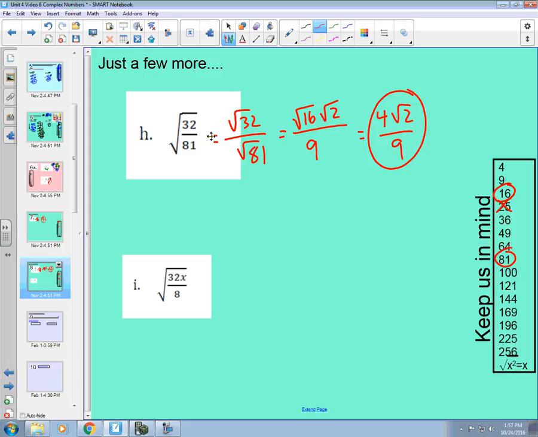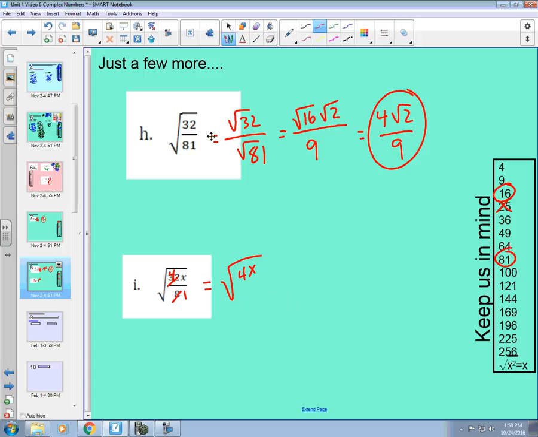All right, last one, I. Look again, is there any simplifying you can do? Does 8 go into 32? Yeah, 8 goes into 32 4 times. So 8 goes into 8 once, and goes into this 4 times, so this would be the same as 4x over 1. If something's over 1, you don't need to write the over 1 part.